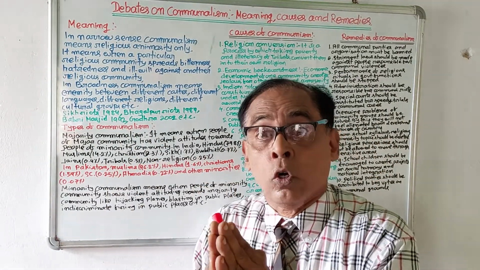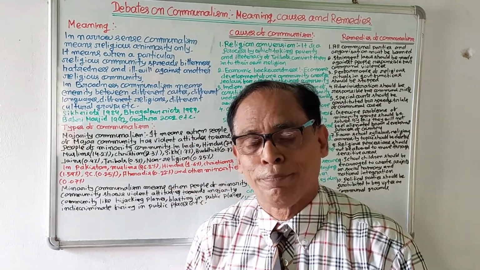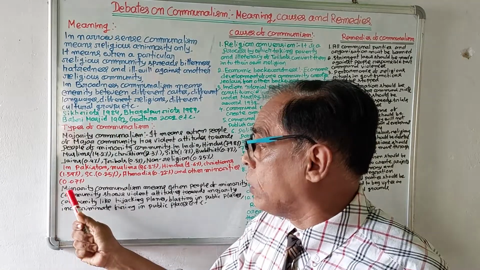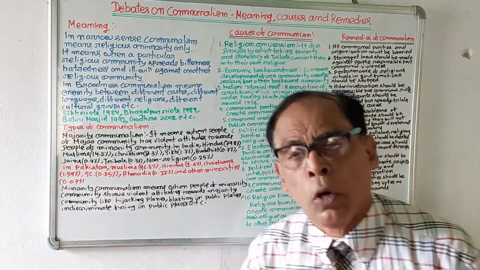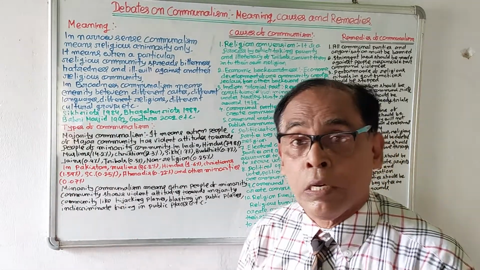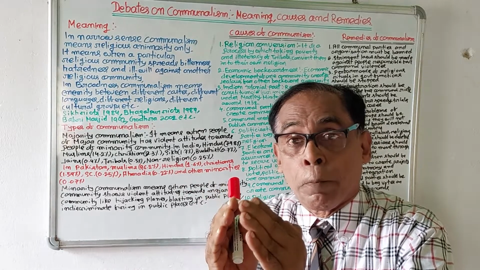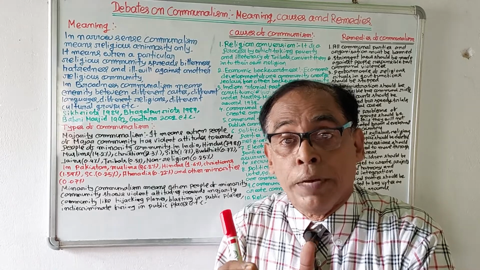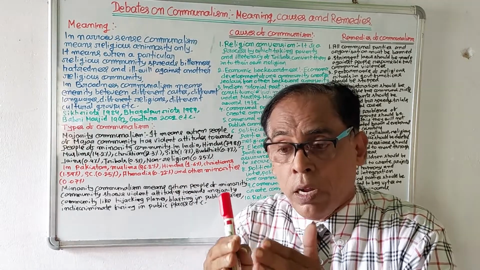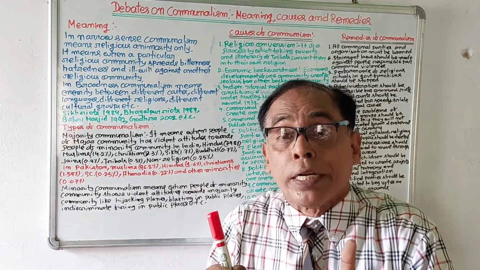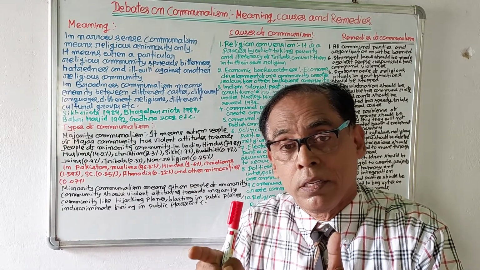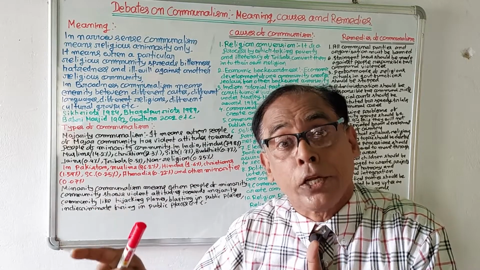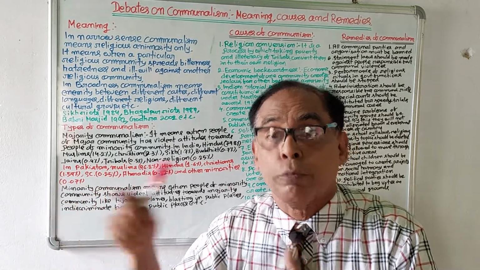But now see, communalism is two types. One is the majority communalism, other one is the minority communalism. Majority communalism means whenever people of a majority community have feeling of hatredness towards people of minority communities.